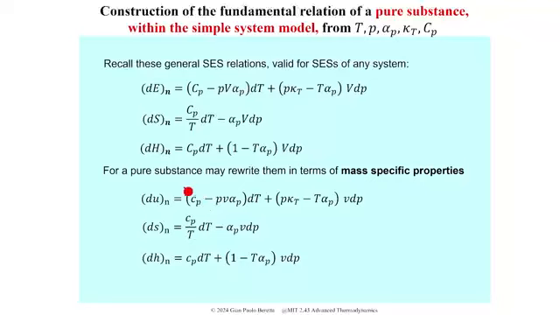So the heat capacity becomes the specific heat, or specific heat capacity. The volume becomes a specific volume, here and here. Okay, and so you get this expression that allows you to compute the various properties for any pure substance in the simple system model.